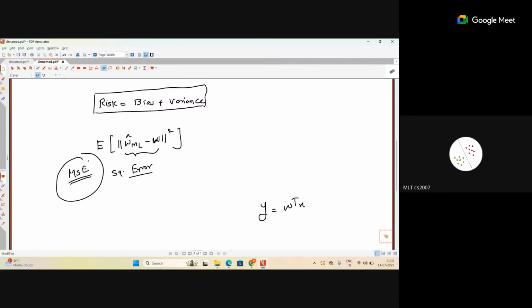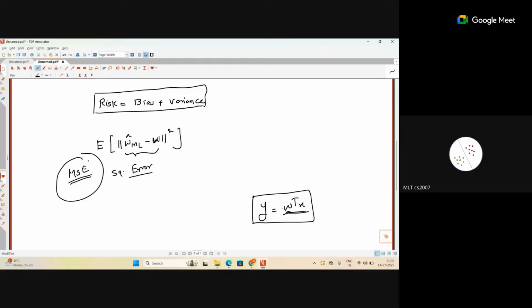We are saying that whatever the labels are, they are linear combinations of the data points. But this W we do not know, what the correct W is.